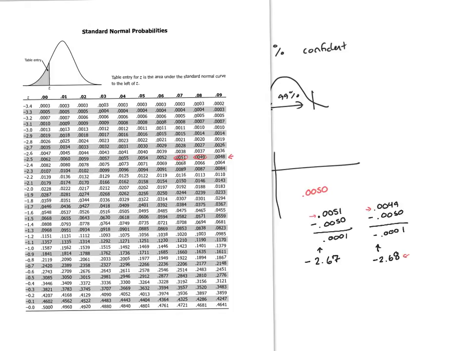I'm doing both of them because they're the same distance from my actual value of 0.0050. Now I've got these two, I'm going to go ahead and average them. I'm going to do that by adding them together and dividing by 2. And when I average those, I get a z-score of negative 2.675.